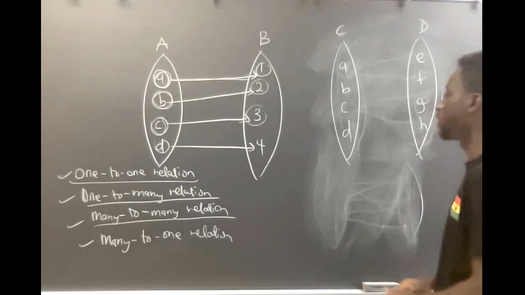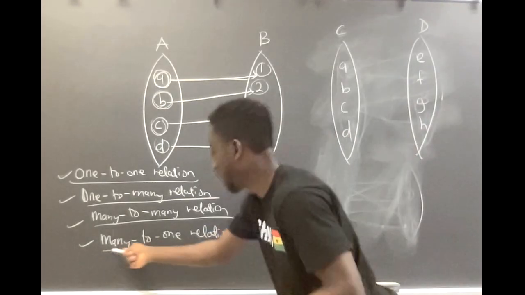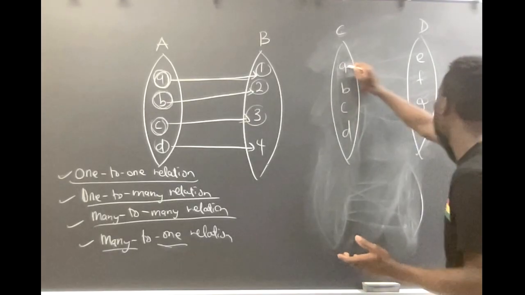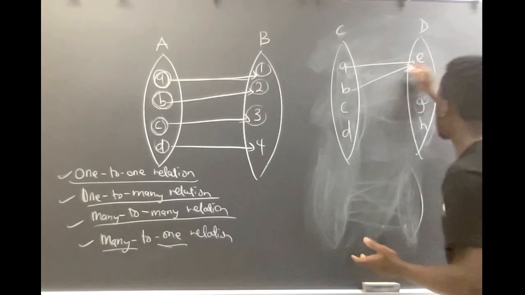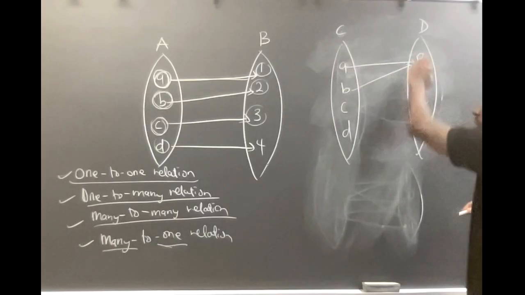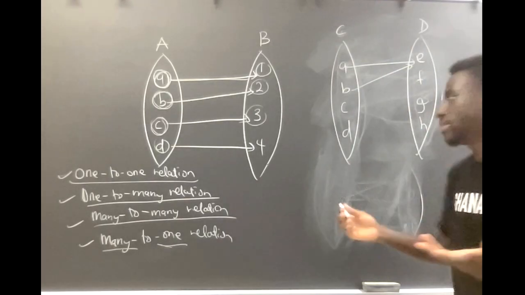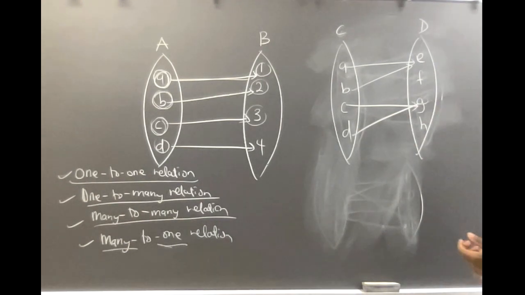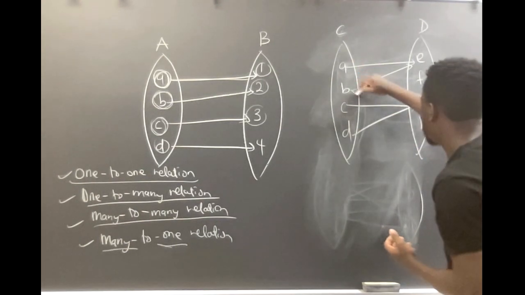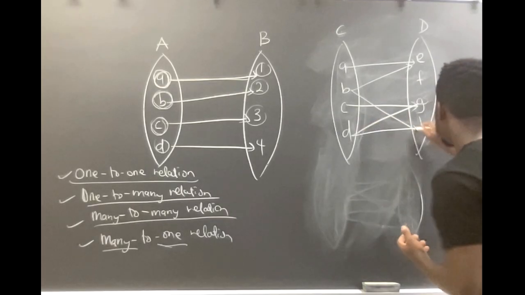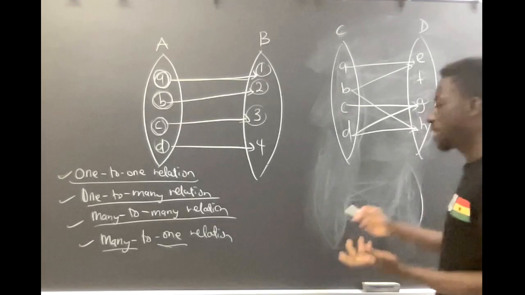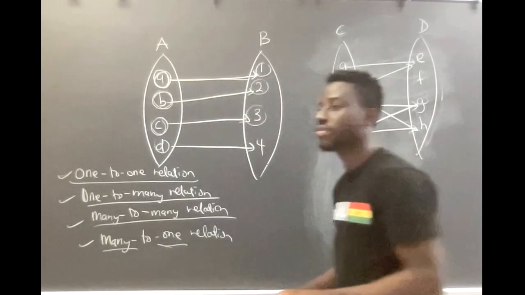Many to one, if you follow the name, is many elements going to one element. Many is standing for more than one element, right? So that is our definition for the many-to-one relation.